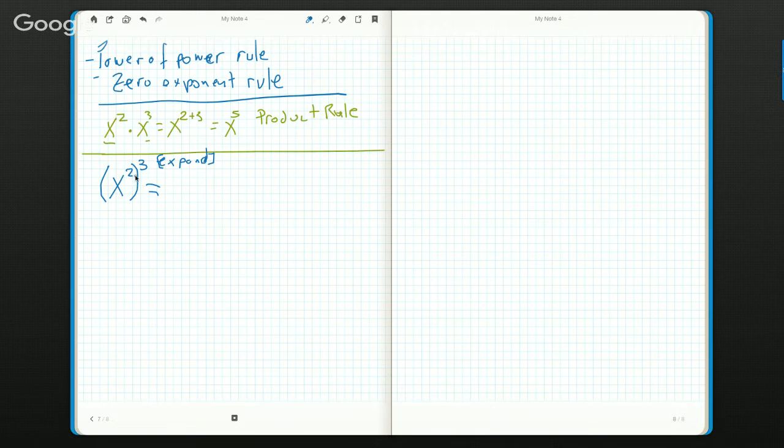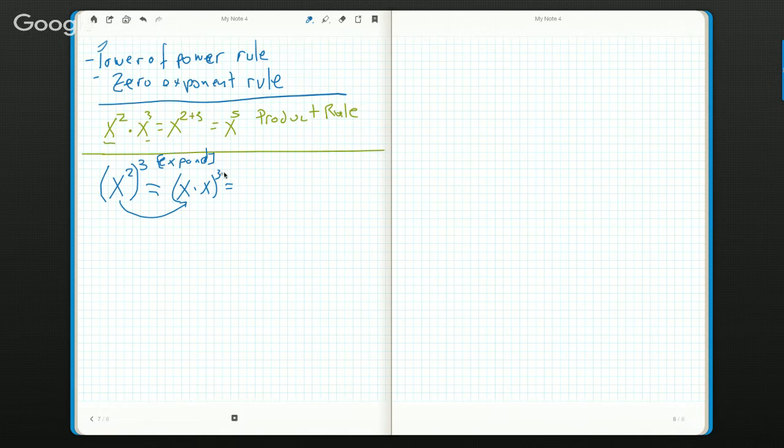So x squared is the same thing as x times x. That's by our definition of a power, right? So we've taken x squared and we've split it out into x times x. Now, similarly, because we have another exponent, we have to do the same thing one more time.